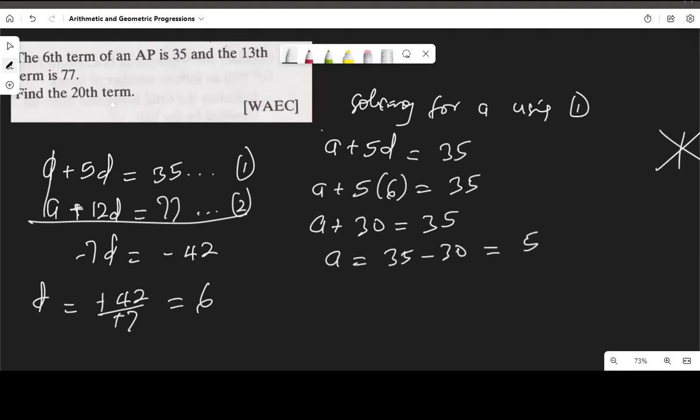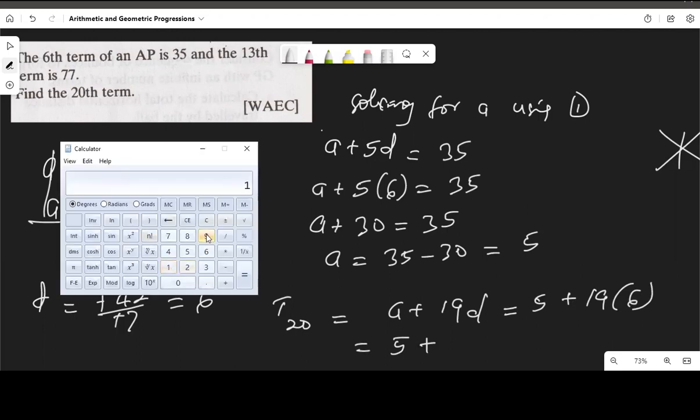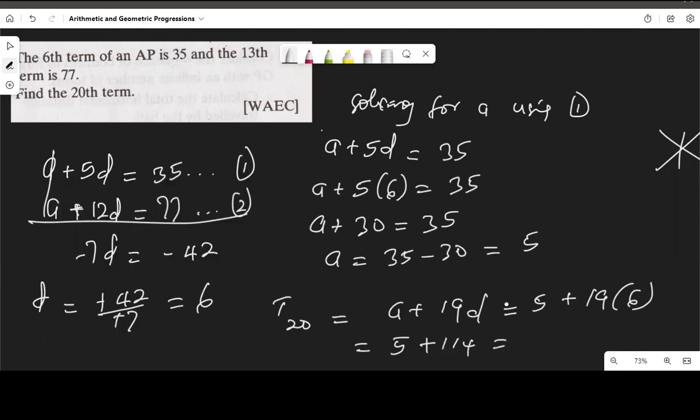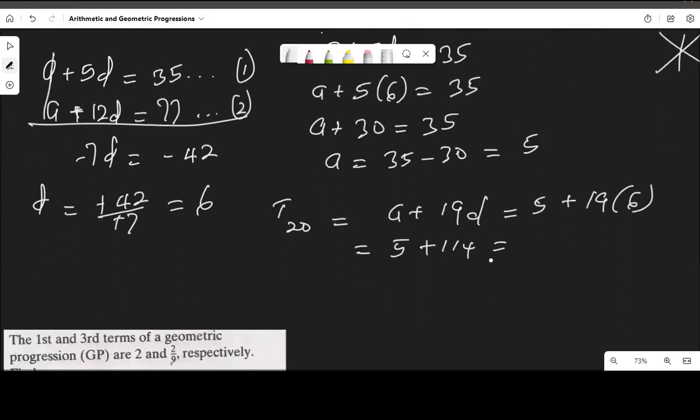But the question says we should find the 20th term. T20 for a linear sequence of an AP is A plus 19D. A is 5, 19 times D, which is 6. So we have 5 plus 19 times 6, which is 114. 5 plus 114 is 119.